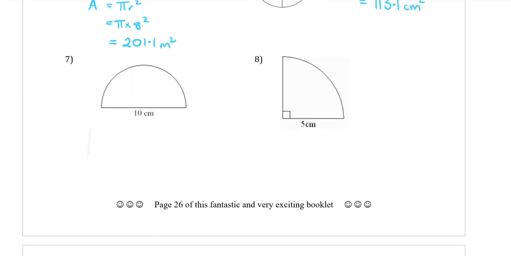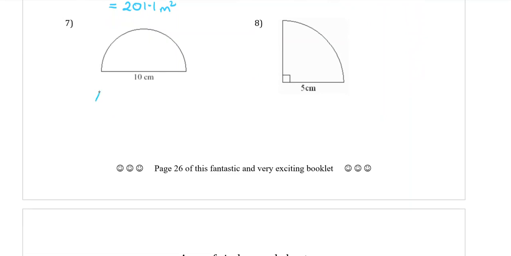So if this question 7 is half of a circle, we're just going to put half in front of the pi r squared. Don't add any extra bits on. We're not adding on straight sides, just half of pi r squared. What's the radius? Here would be the center of the circle. So it would be 5 for the radius.